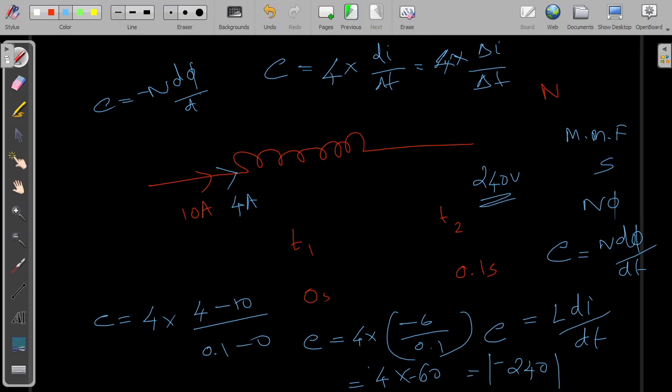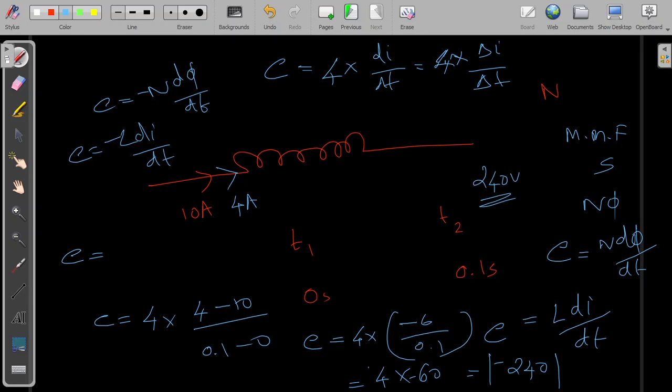That is given by Lenz's law, and the same Lenz's law is applicable here also. So E will be equal to L di by dt, and applying Lenz's law, minus L di by dt.